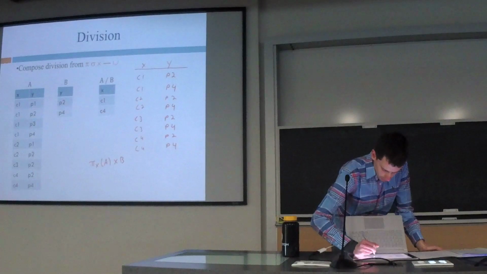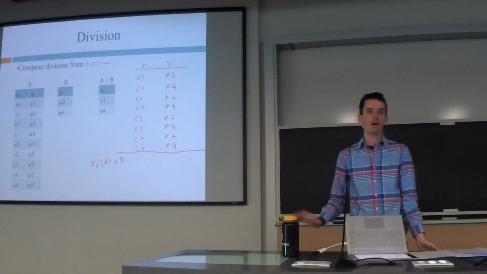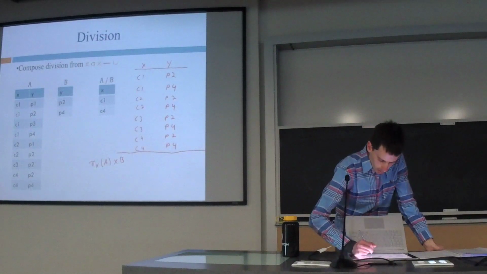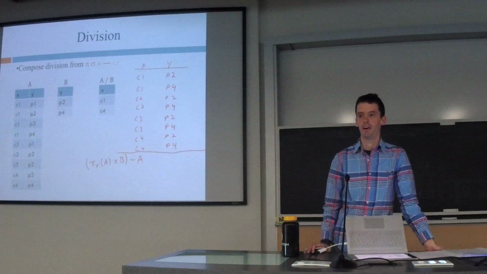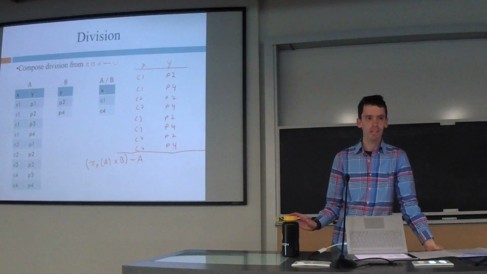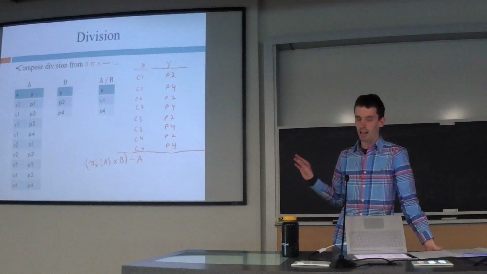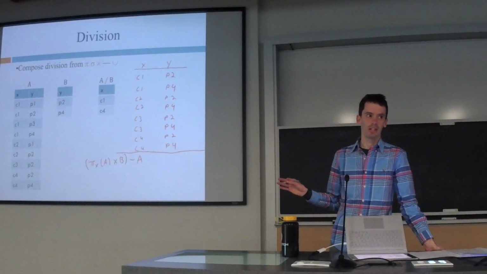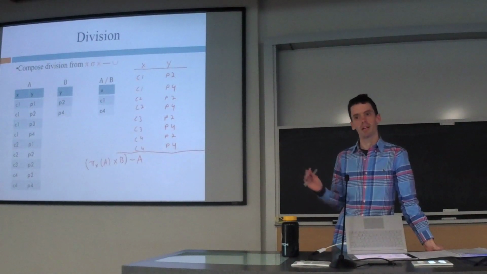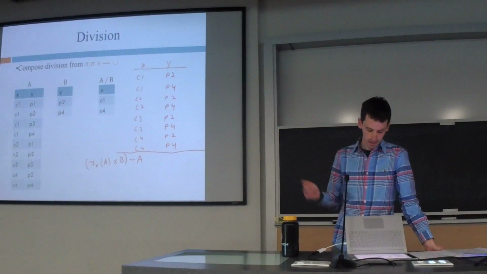Okay, so taking all possible combinations, I'm going to subtract out A, all of A. So all possible combinations minus the actual cars and the parts that they use will result in only the fake combinations of cars and parts, or the ones that are not real.